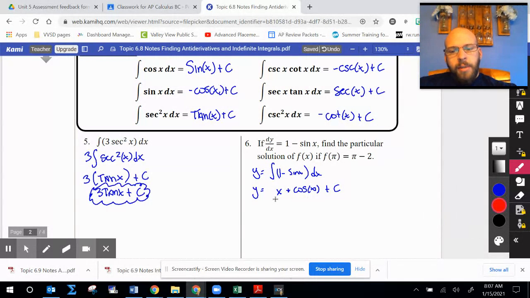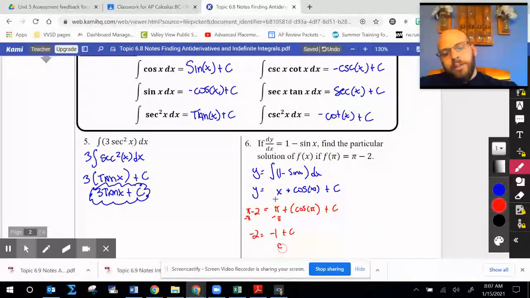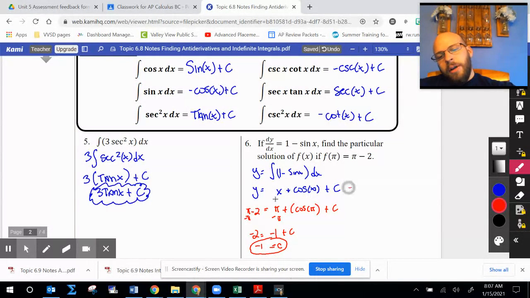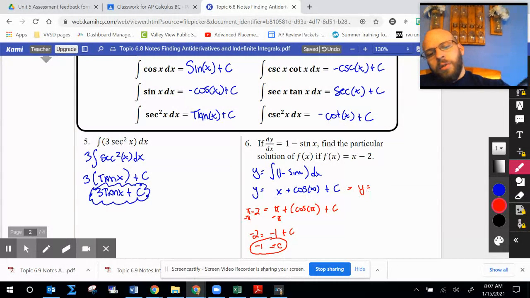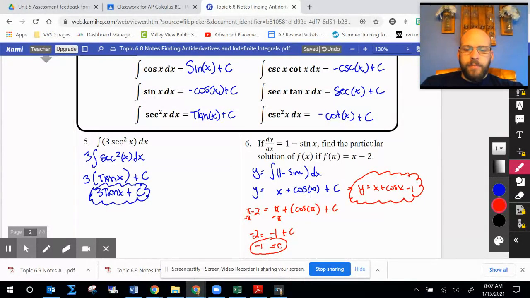So if I know that my output is going to be pi minus 2 when x is pi, so if I subtract my pi, I get a negative 2 equals a negative 1 plus c. So c is going to be a negative 1. So I know my function would have to be x plus cosine x minus 1. And that would be my original function. Okay?